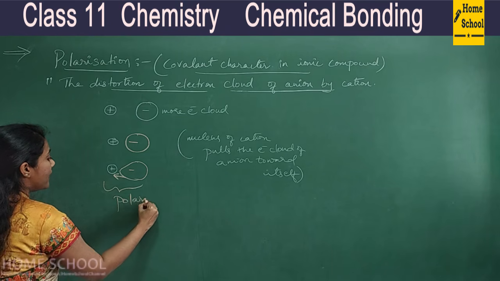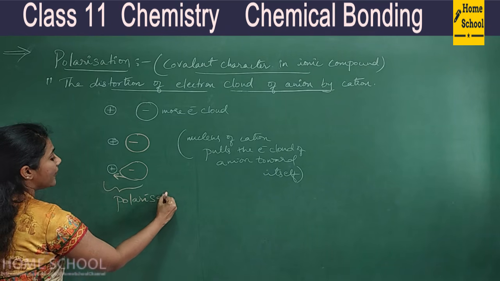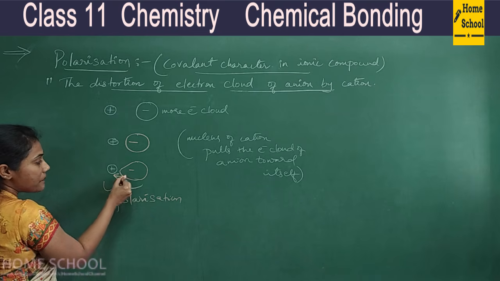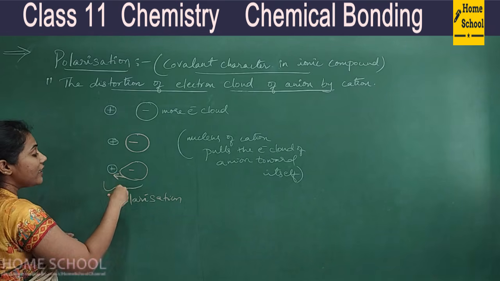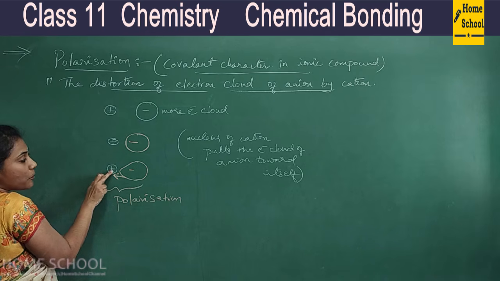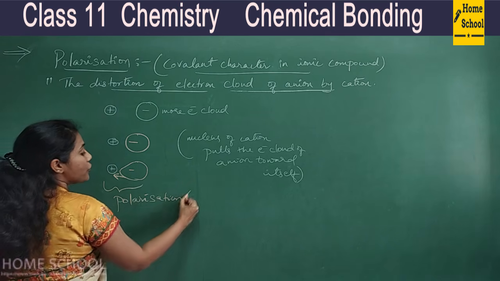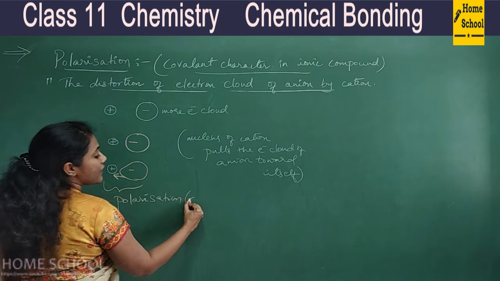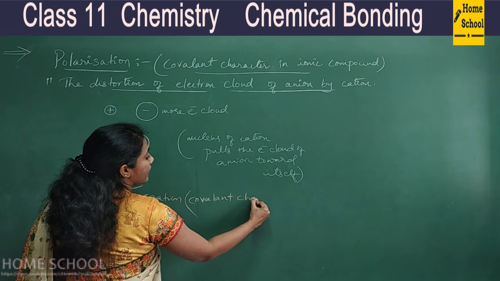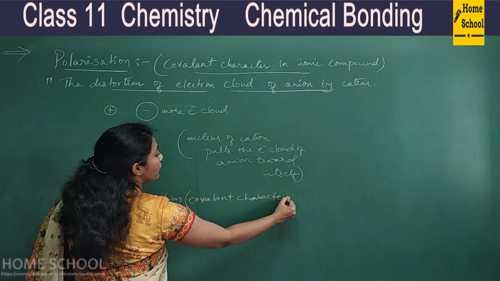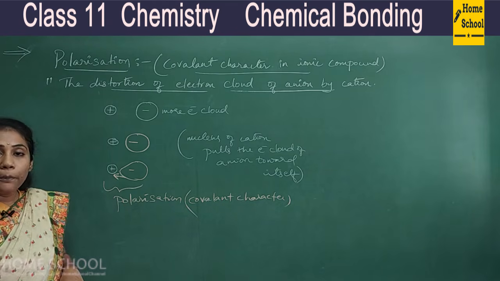This kind of distortion is called polarization. Once you observe the polarization, the electron cloud is getting shared between the positive and negative ions. So the more the polarization, the more the covalent character. Clear? Hope you understood what is meant by polarization.